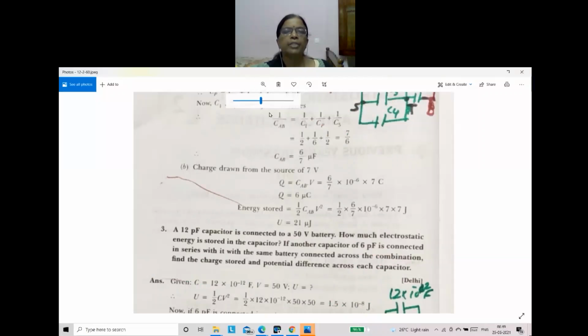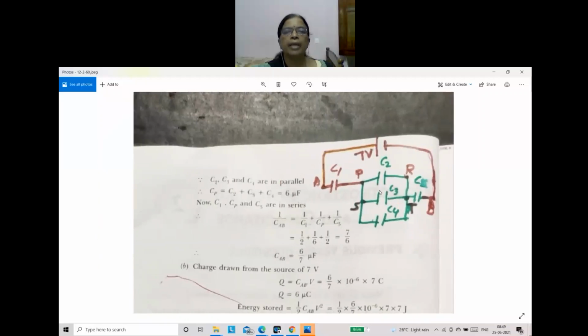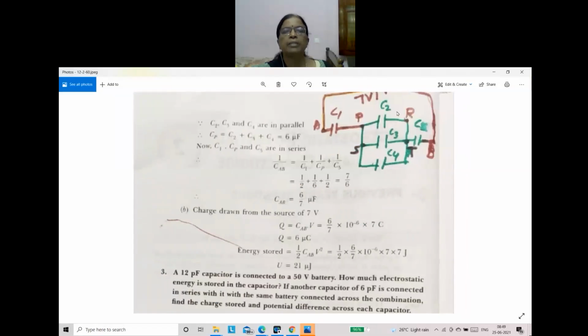And these are connected in parallel. Then potential difference is applied. To understand, the figure is drawn here. So first you connect these, find out C2, 3, 4. Then C1, C2, 3, 4 and C5 are in series.